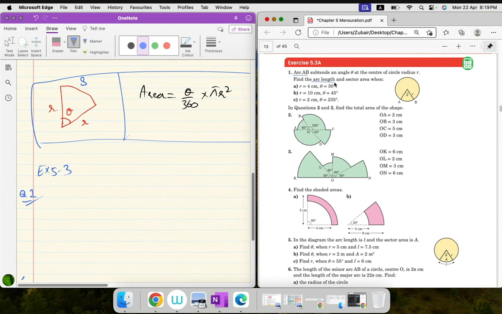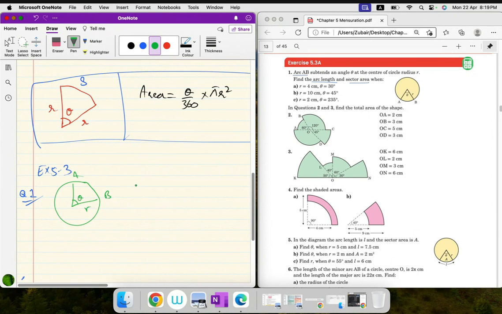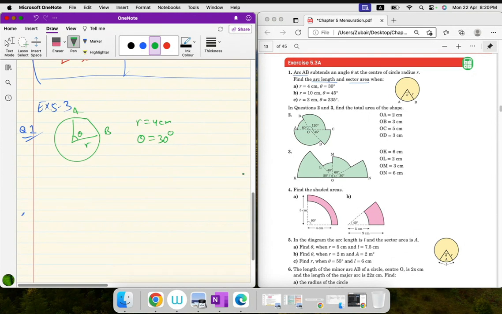Find the arc length and sector area when radius is 4 and angle is 30. So this is our case. This is capital A, capital B, angle is theta, radius is there. And we say that radius is 4 centimeters and theta is 30 degrees. And we need to find arc length and sector area.